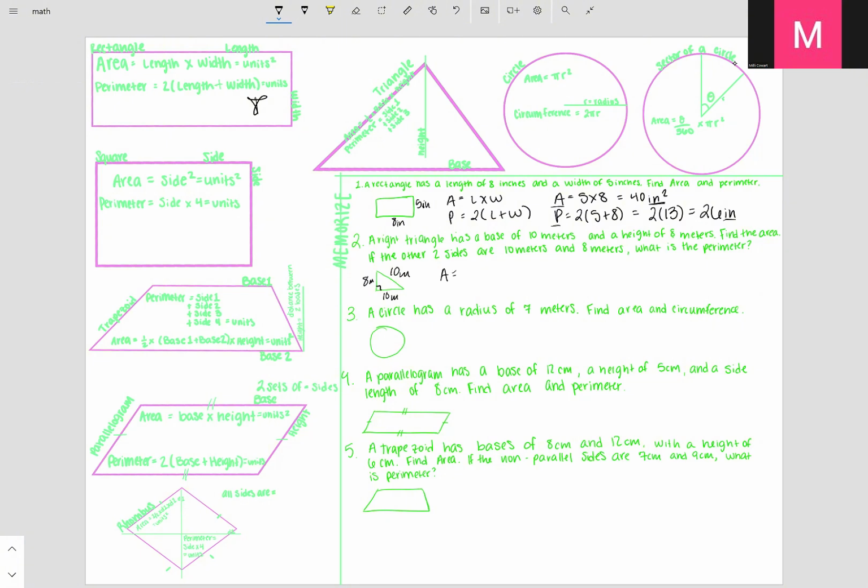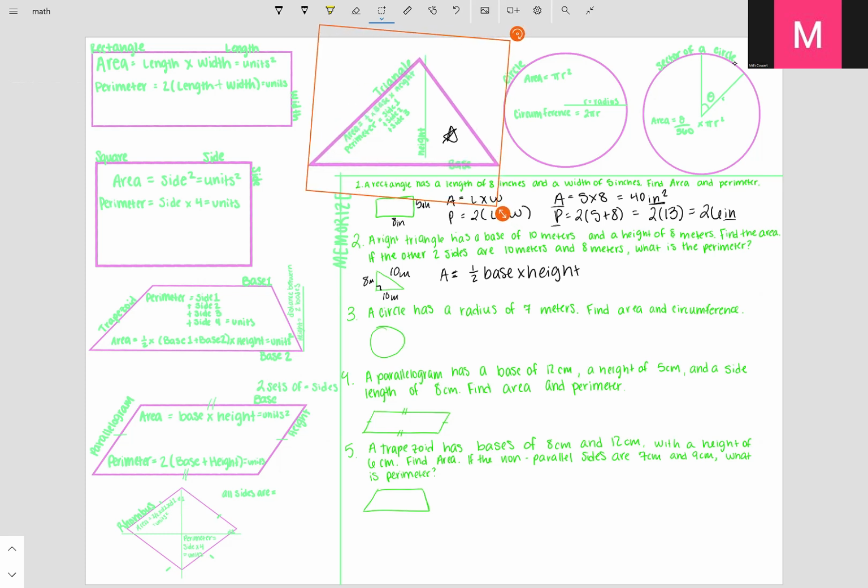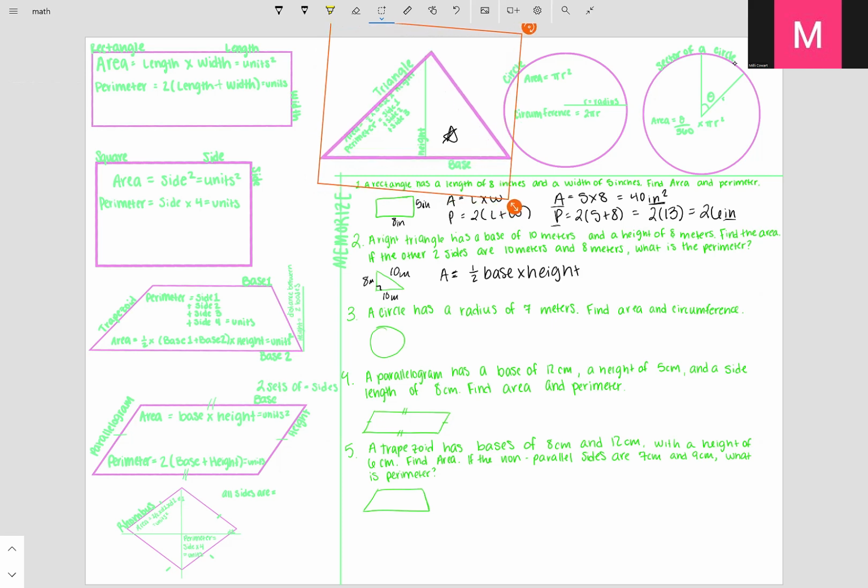So starting with area for this one, we have 1/2 base times height. And I'm going to move this. Okay.